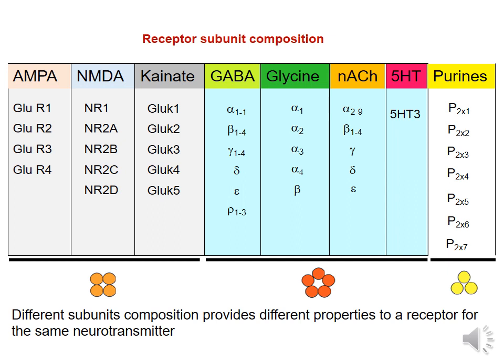And similar things happen for the glycine receptor, the nicotinic acetylcholine receptors that we will see in more detail in the next video, and the serotonin receptors. And the same applies to the purinergic receptors. And the most important thing here is that you need to know that different subunit composition provides different properties to a receptor for the same neurotransmitter.